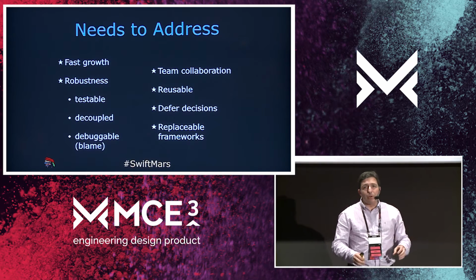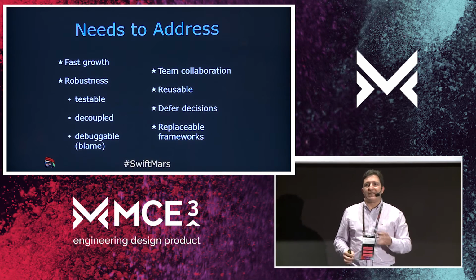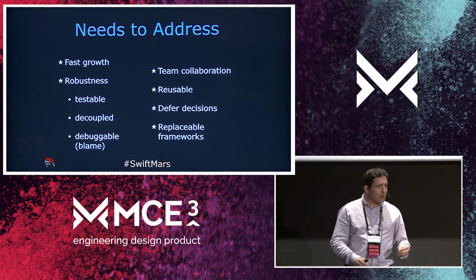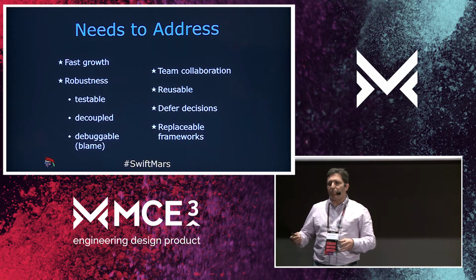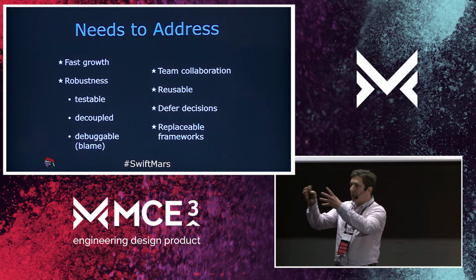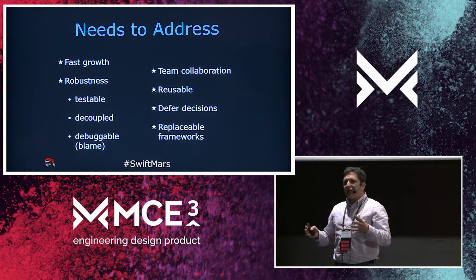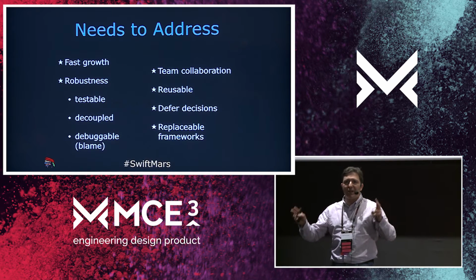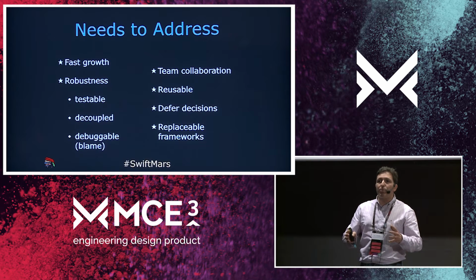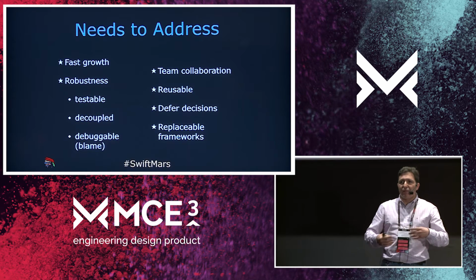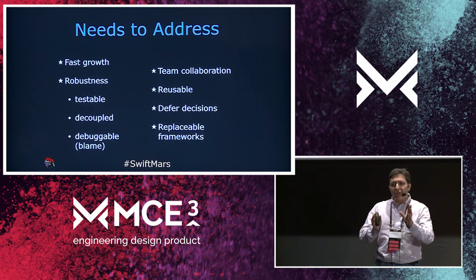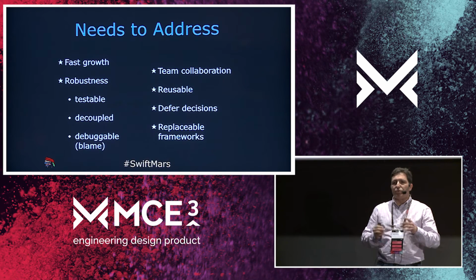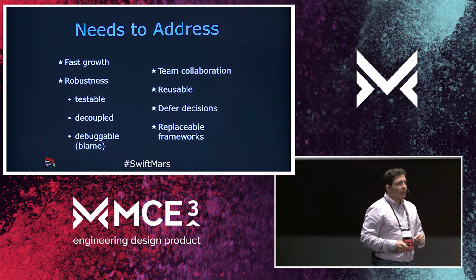You also want to be able to debug your code properly, and that means that you know where your problems are coming from. You want to know that if it is a problem in the display of the information, that is probably related to the class that is responsible for presenting the information to the user. And that is something that you can address in a faster way because you know which one or two classes you should review in that problem.